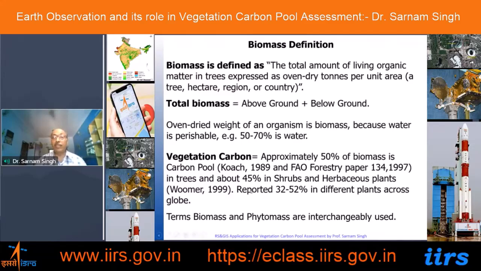See here, I have written that there are reports in the world of 32 to 52% of the weight of biomass being carbon. In India, as far as angiosperms are concerned, we have around 18,000 plus plant species. And to find out the biomass and the carbon in each of these species is a very big task.